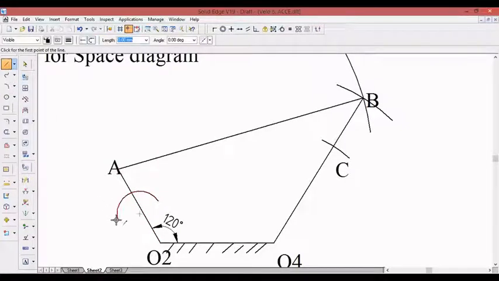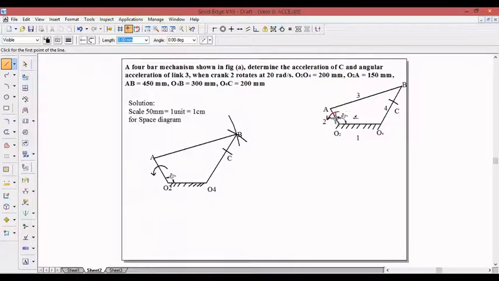This crank is rotating anti-clockwise, as given in problem, crank 2 is rotating anti-clockwise with 20 radians per second angular velocity. So this is the space diagram.